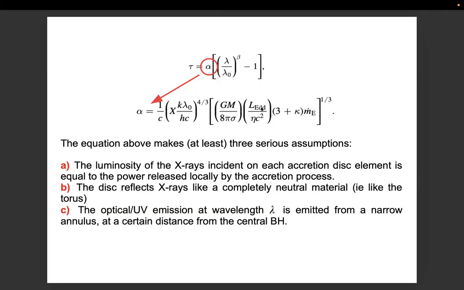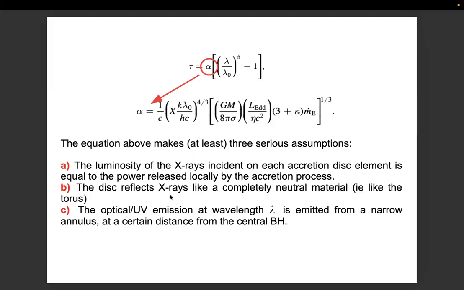And that's because of a very basic assumption of the model. The basic assumption is that at each disk radius, the X-ray luminosity is equal to the power that's generated by the disk. That is a very important assumption, a very simple one. Why would that happen? That depends on the X-ray luminosity and the height of your source. So by forcing that, you have problems in trying to fit the data. There are also other assumptions, like the disk reflects like a neutral reflector, that there is no ionization, which again is very simple.